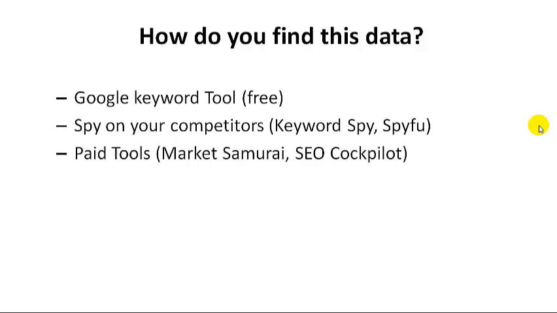This tool here is pretty expensive, but I believe it is a one-time fee. But I'm going to be using these tools here because this one's free and you can actually use it to do some basic keyword research on the free level.